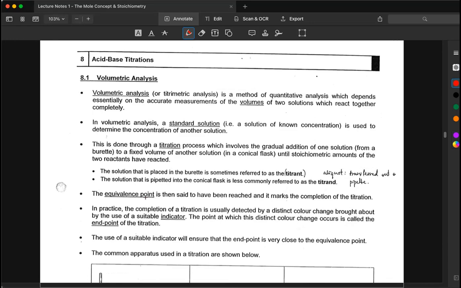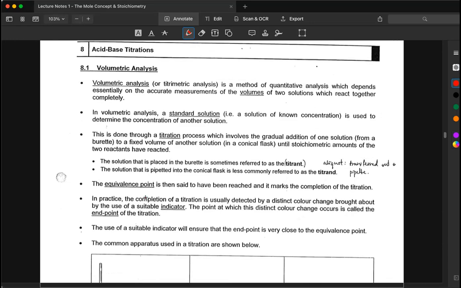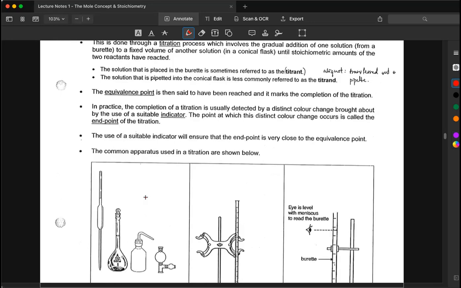Equivalence point is the point where the reaction is completed. When we use a suitable indicator, the distinct color change occurs at the endpoint. But the endpoint may not be the same as the equivalence point, but we try to have the endpoint very close to the equivalence point. So they are almost the same, but not exactly.